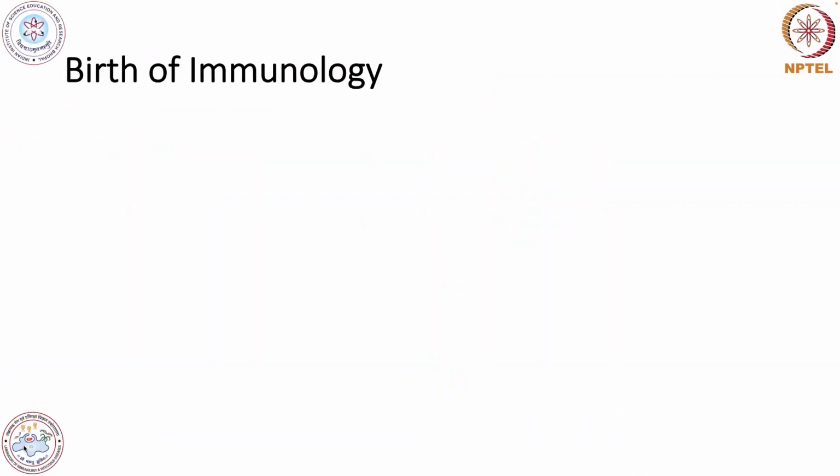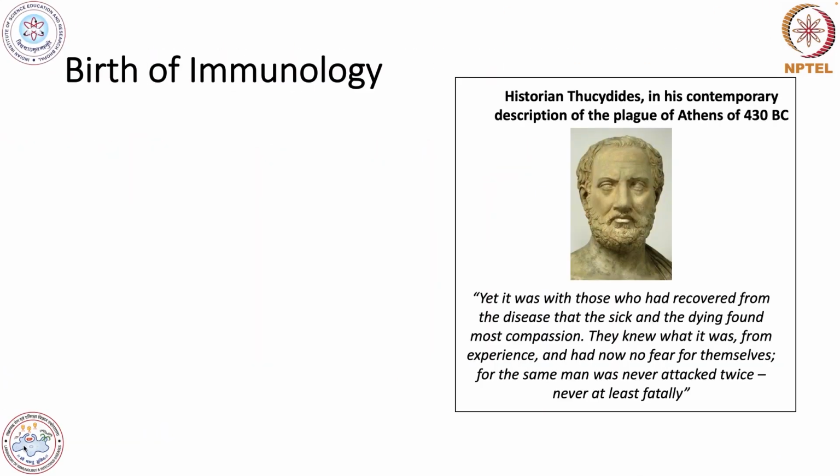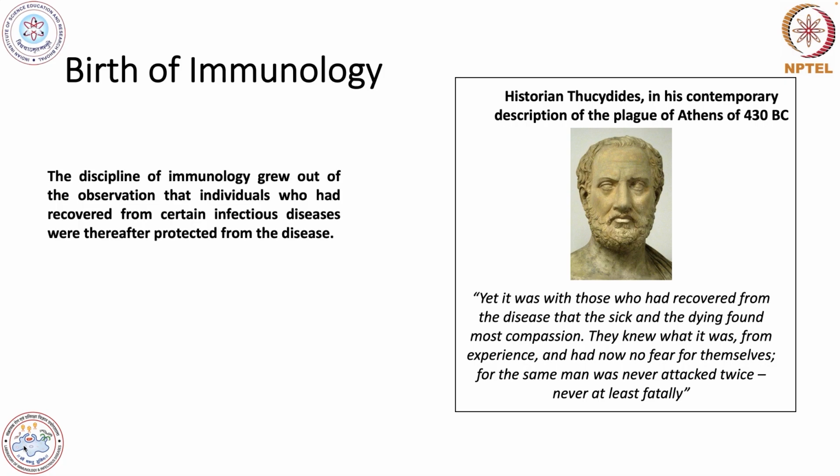So there is one historian, his name is Suetonius, and he gave this kind of observation or concept, that there is some kind of defense.